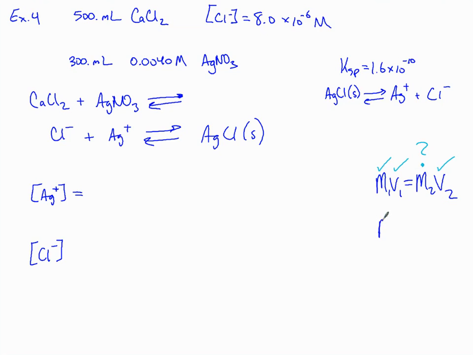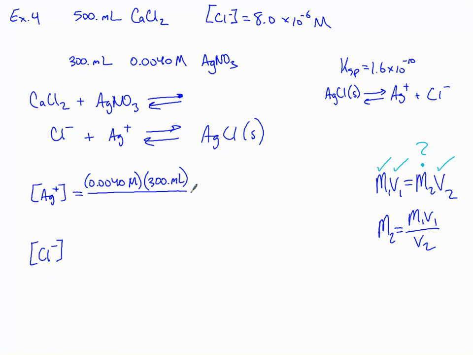And so what we're going to do for these is rearrange this formula and then plug in our numbers. So for the silver, the original concentration was 0.0040 molar, and the original volume was 300 milliliters.